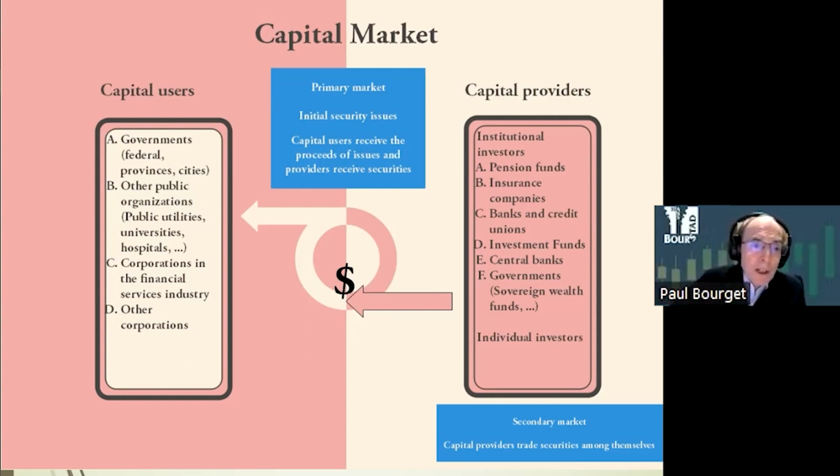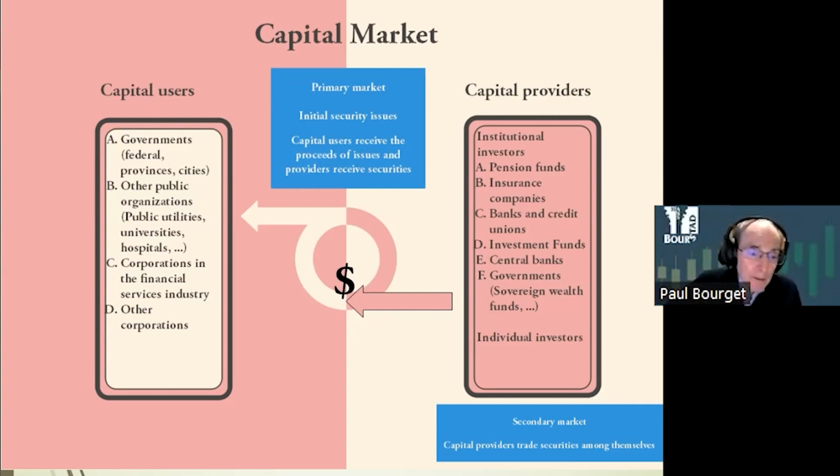We also find other types of public organizations like public utilities, universities, hospitals. All these types of institutions may solicit the capital market to get the funds they need to build their premises or to buy expensive equipment.